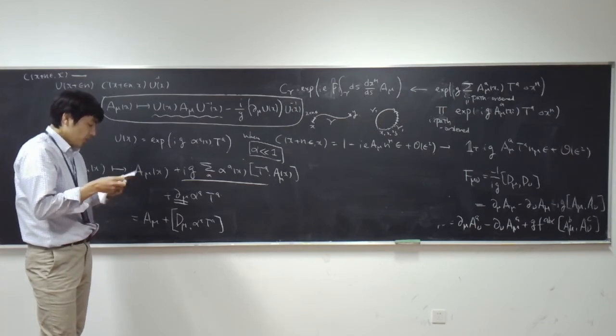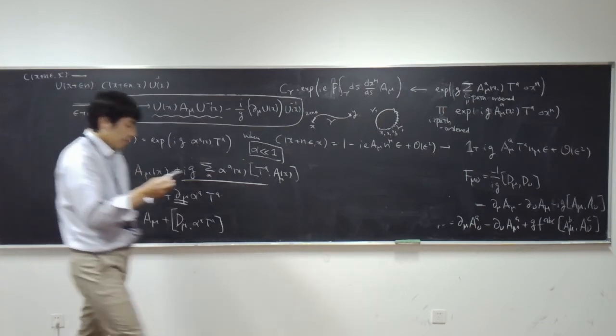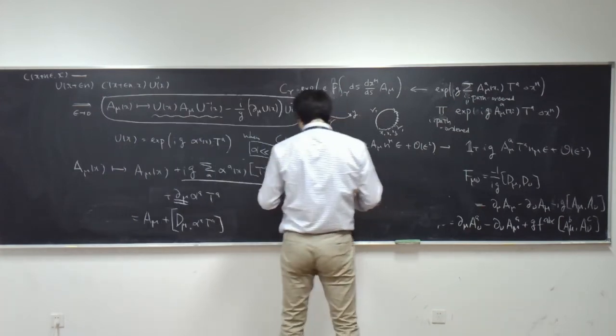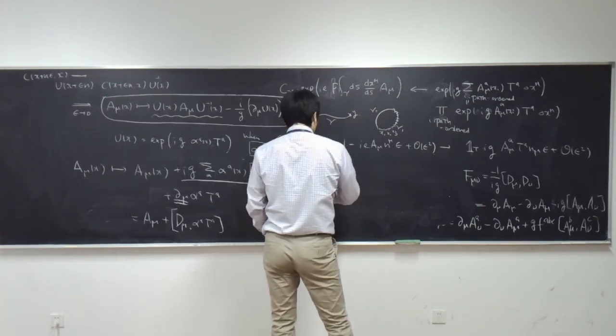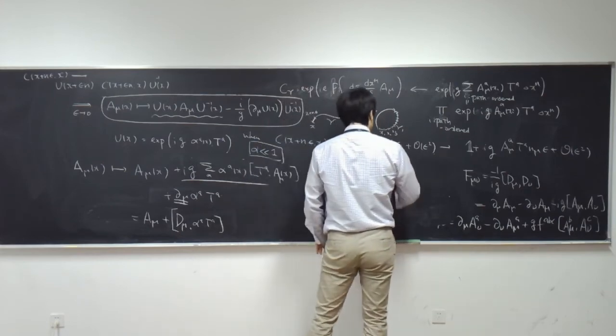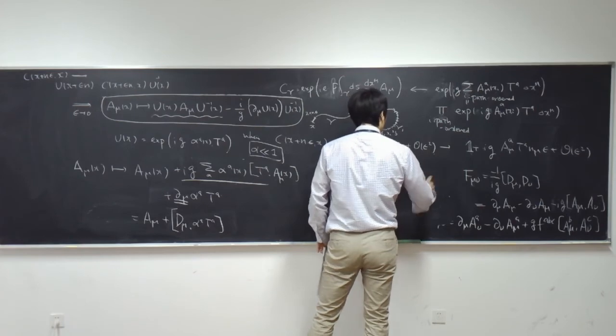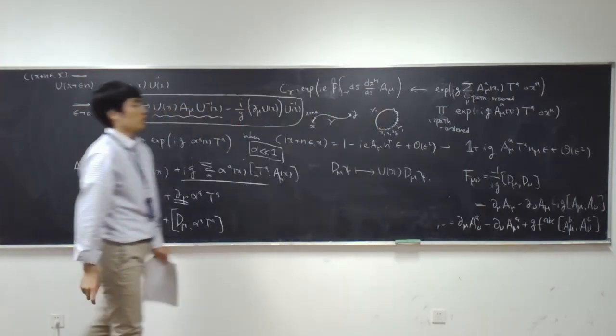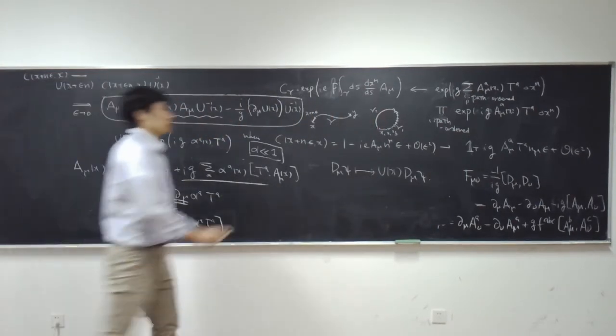So as I mentioned last time, now D_mu of psi is transformed as U(x) D_mu of psi, right? That's how you construct the covariant derivative under gauge transformation.